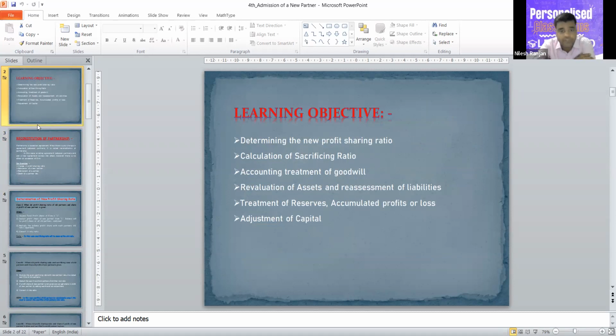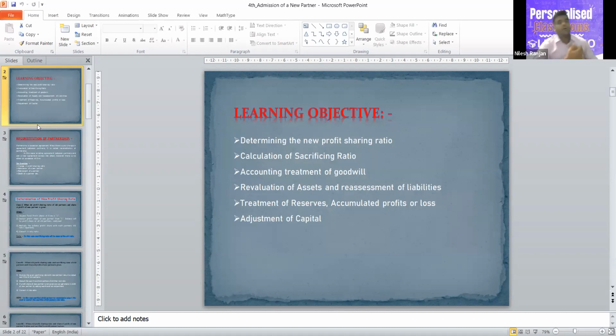Revaluation of assets and reassessment of liabilities is one of them. First is determining the new profit sharing ratio, calculation of sacrificing ratio, accounting treatment of goodwill, revaluation of assets, reassessment of liabilities, treatment of reserves, accumulated profit or loss, and adjustment of capital. So these are the adjustments we have to do in this chapter.